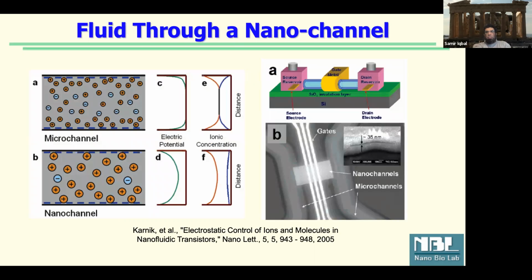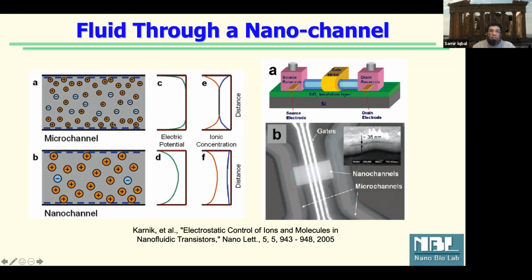So when we go to nanoscale, here we're looking at microchannel and nanochannel. You see the surface charge becomes much more important, and which causes a potential buildup. For example, between C and D, the green line is showing the amplitude of the potential.